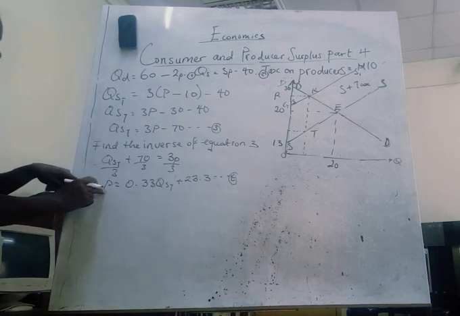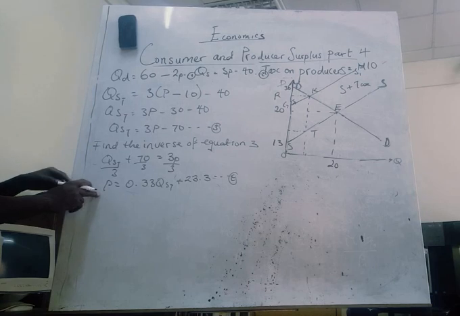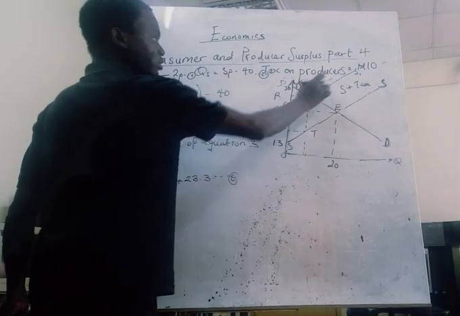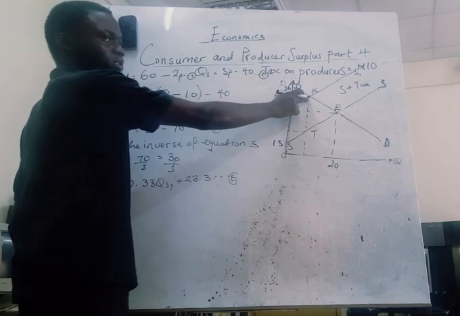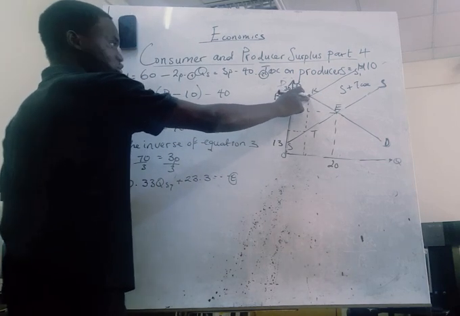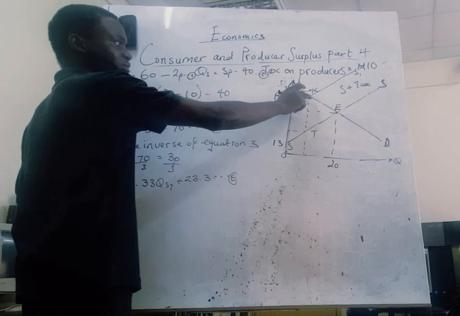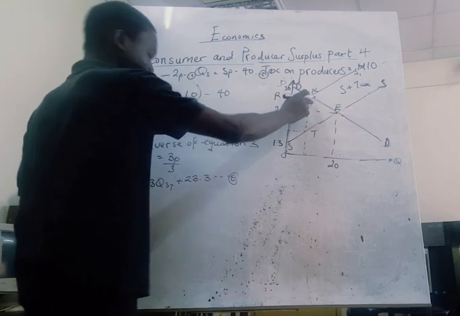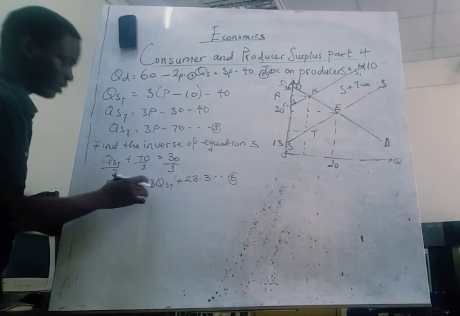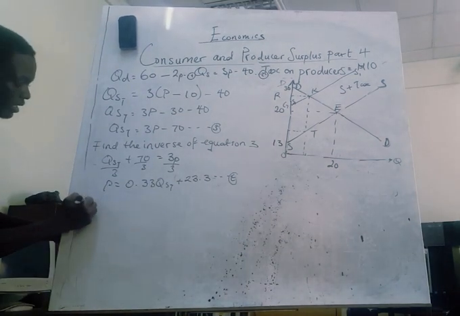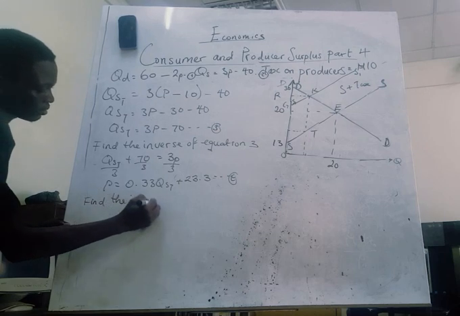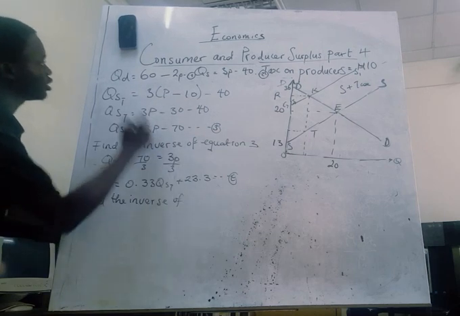Now we are going to equate this particular function with, look at it, the supply curve shifted here, which is intersecting with the old demand curve here. So we are going to find the inverse of the old demand curve as well, and then equate that with this. So find the inverse of equation 1.